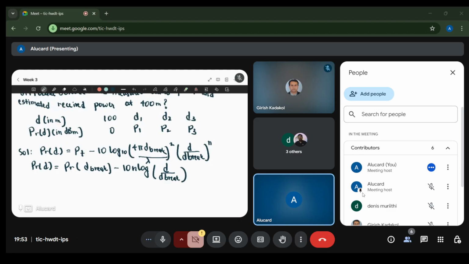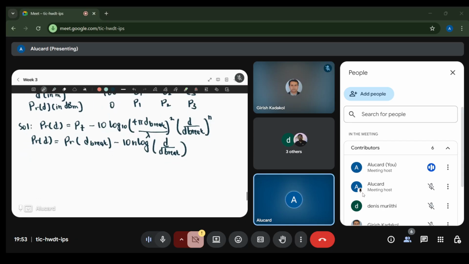That is all right. Now you have to put in D is 400 meters.